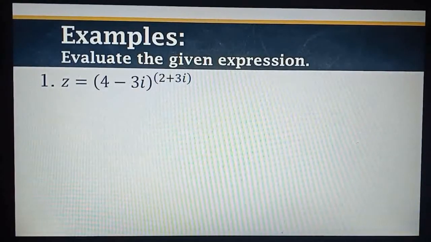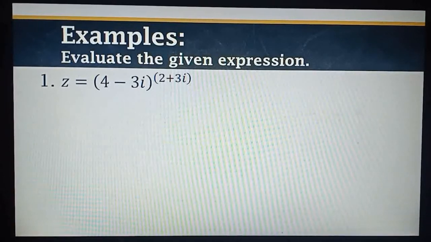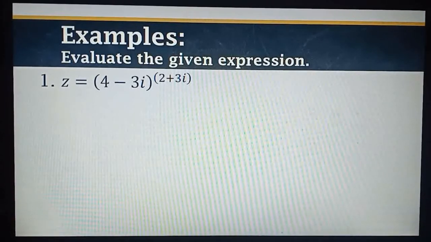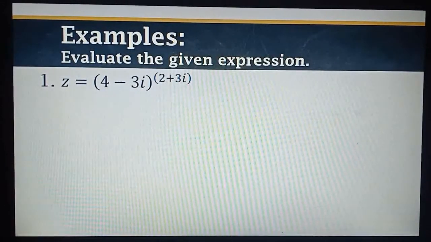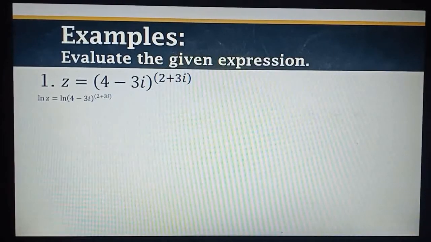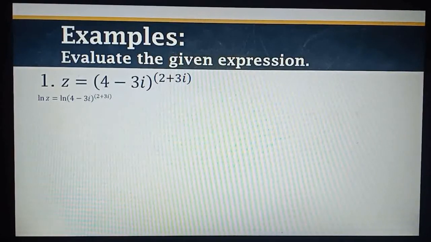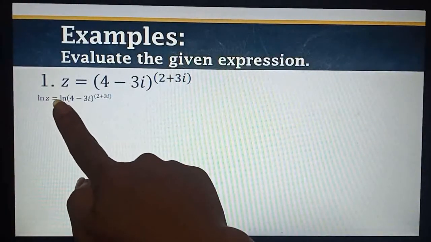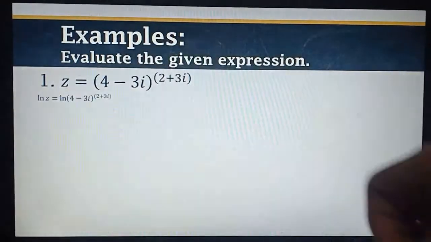So let's say you have the given z equals 4 minus 3i raised to 2 plus 3i. So a complex number raised to another complex number. So let's say you have to take the ln or the natural logarithm of both sides of the equation. So you will now have the ln of z equals the ln of the 4 minus 3i raised to 2 plus 3i.